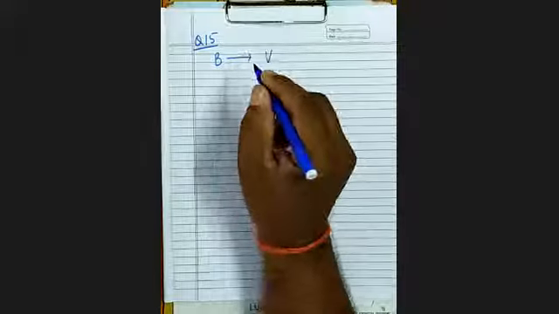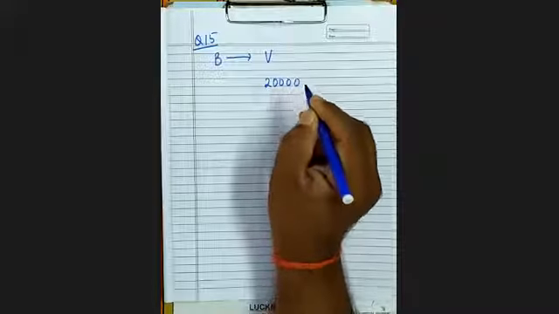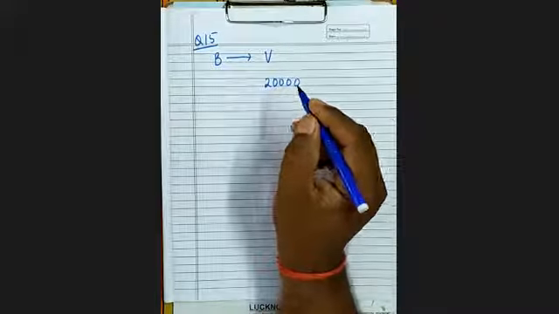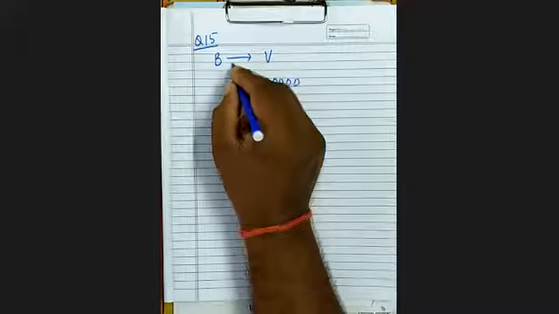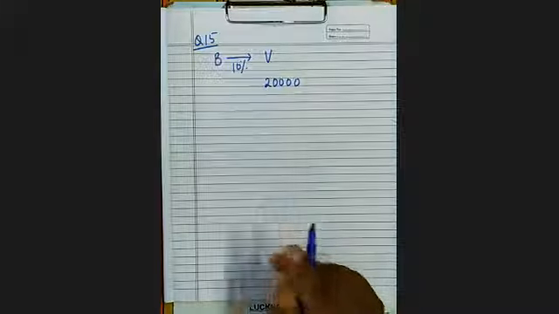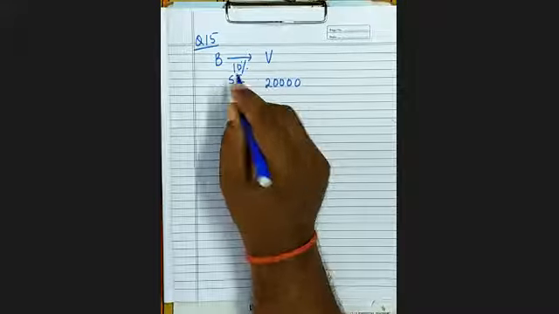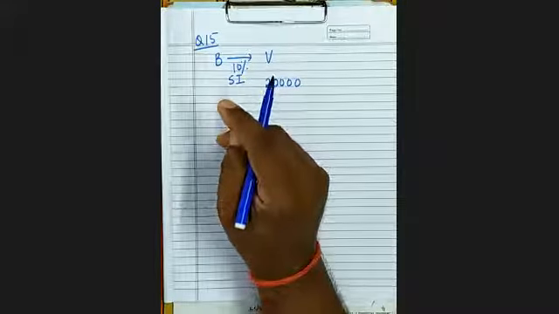Means from the bank, Vikram has borrowed how much amount? 20,000. It is clear? This amount he had borrowed. And at what rate? Rate is 10% per annum simple interest, 10% SI.